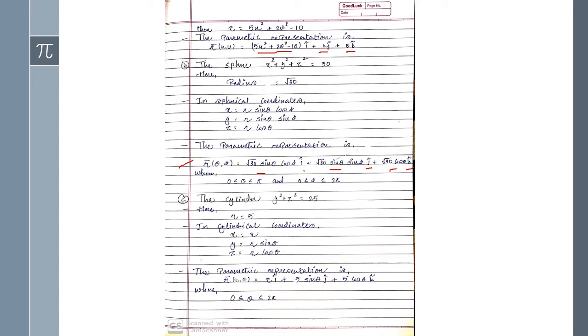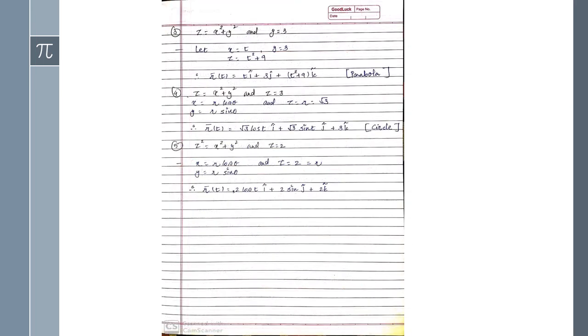So x as it is is your x of t, y of t will be r sin theta, that is 5 sin theta, and z of t is r cos theta, that is 5 cos theta, into k, and this is for the limit 0 to 2 pi.